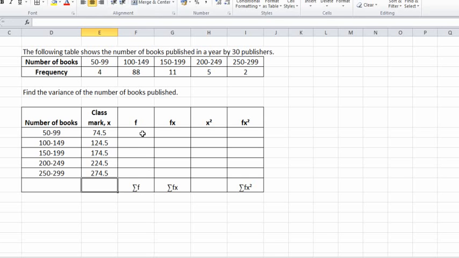For the frequencies, just fill in the values as in the table above. The frequencies are 4, 88, 11, 5 and 2. Now what is the summation of the frequency? If you add up all those numbers, it is equal to 110.